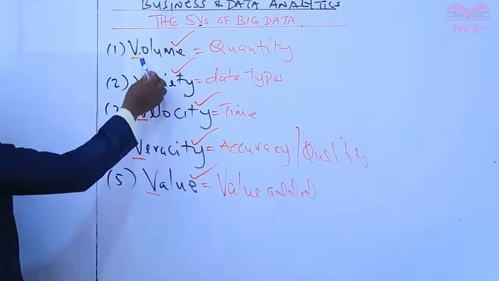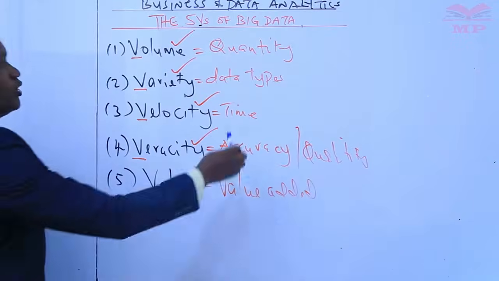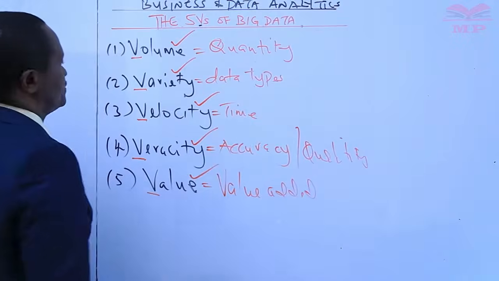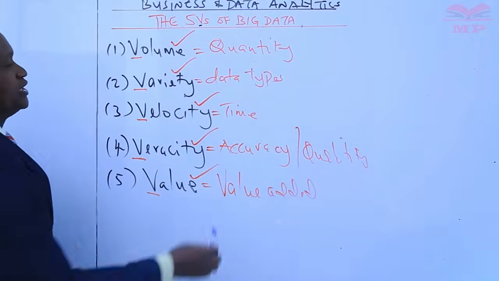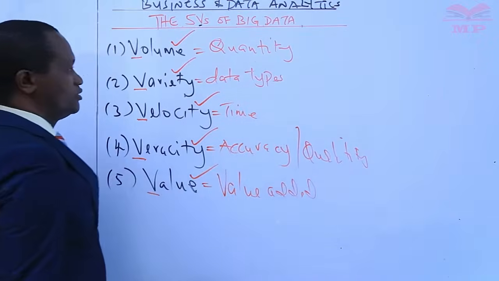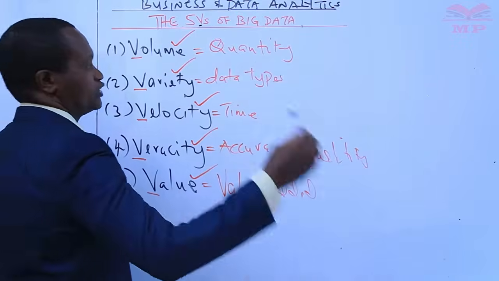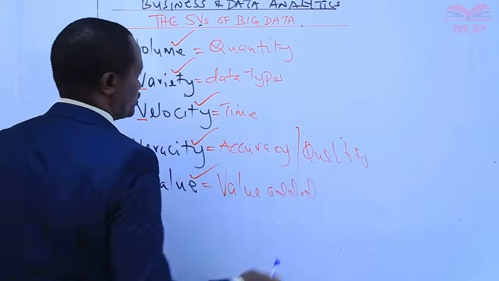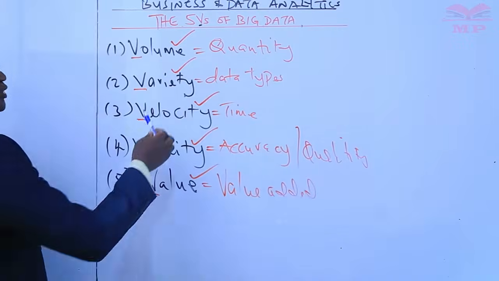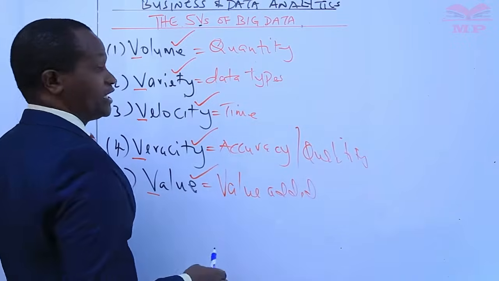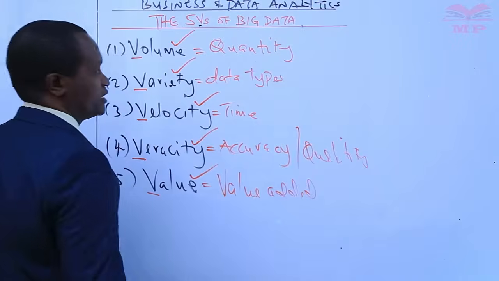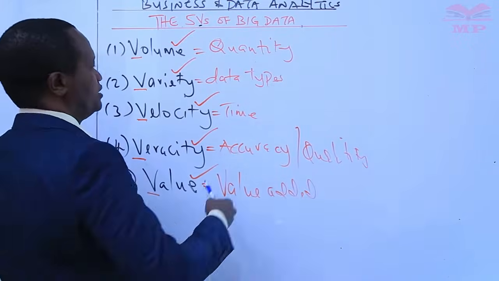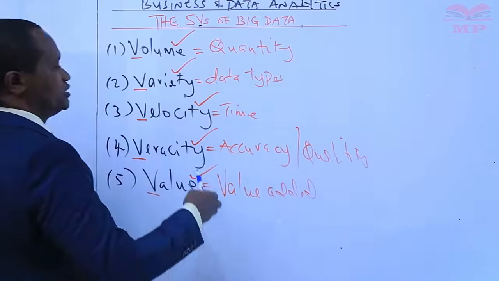We've said volume refers to the quantity, the amount of data. Variety refers to the data types, which could be unstructured, semi-structured, or structured. We say that data comes in different types, could be in different formats: audio format, text format, video format, log files, and so on.